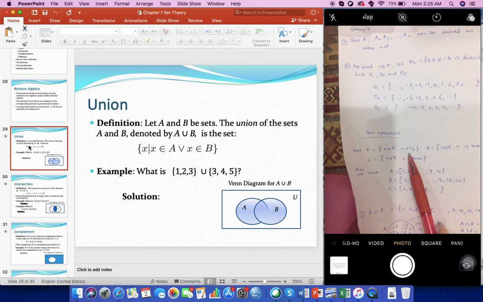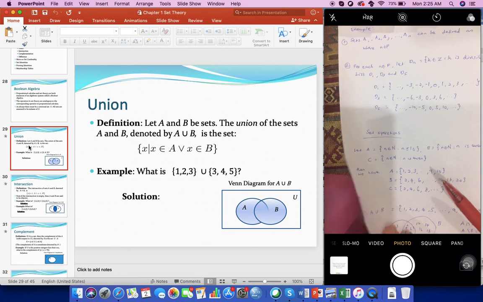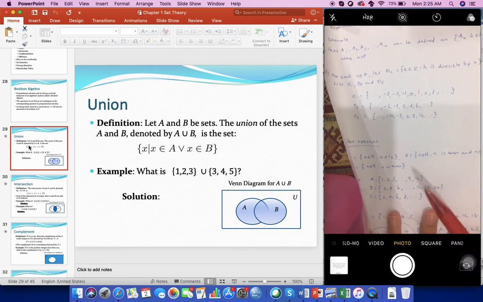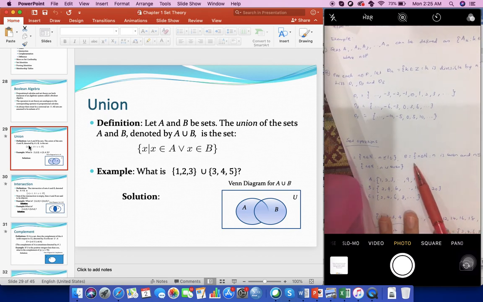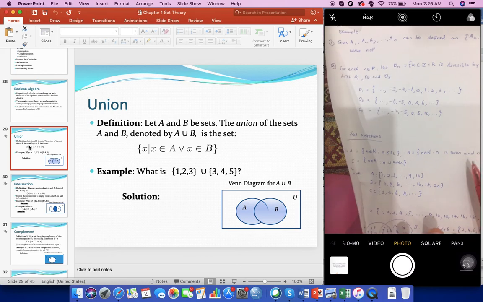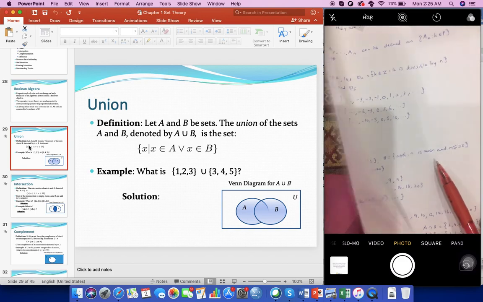This one is for set A. For set B, N is also an element of the natural numbers, and it must be even numbers, and the even numbers must be less than or equal to 20.